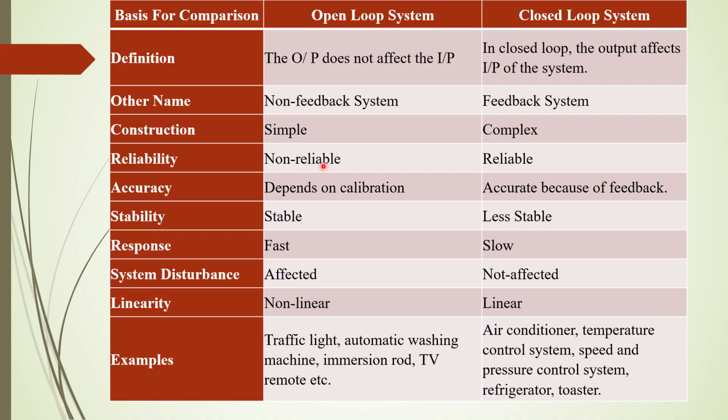An open loop system is non-reliable, whereas a closed loop system is reliable. An open loop system is stable, a closed loop system is less stable as compared with an open loop system. An open loop system is faster, whereas a closed loop system is slow. An open loop system is non-linear, whereas a closed loop system is a linear system.